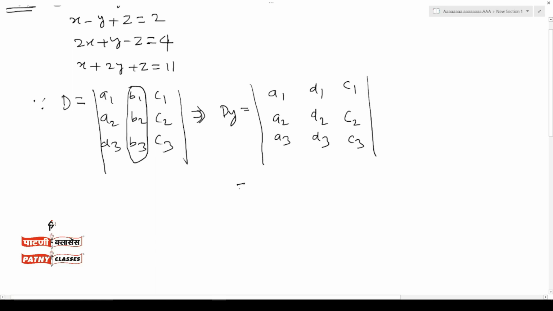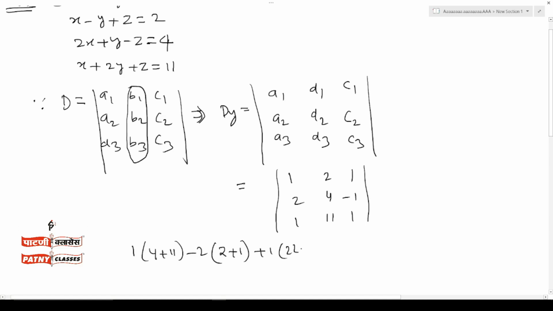We put the respective values 1, 2, 1, 2, 4, minus 1, 1, 11 and 1. The determinant of this is 1 into 4 plus 11, minus 2 into 2 plus 1, and 1 into 22 minus 4, equals 27. Therefore, dy equals 27.